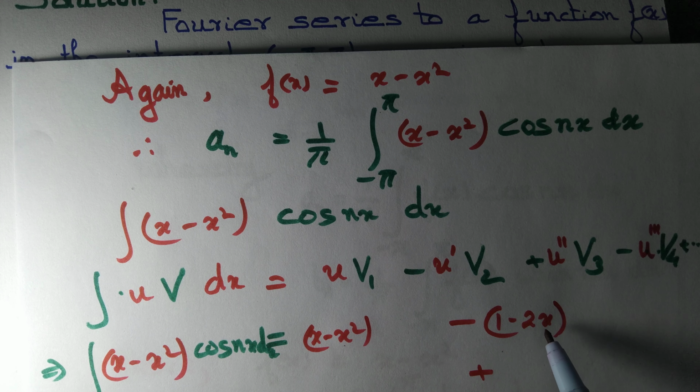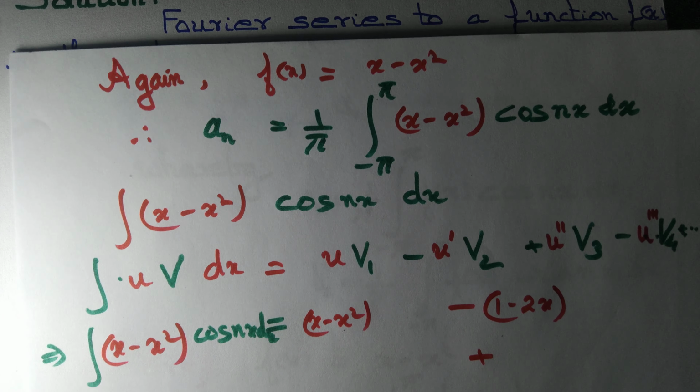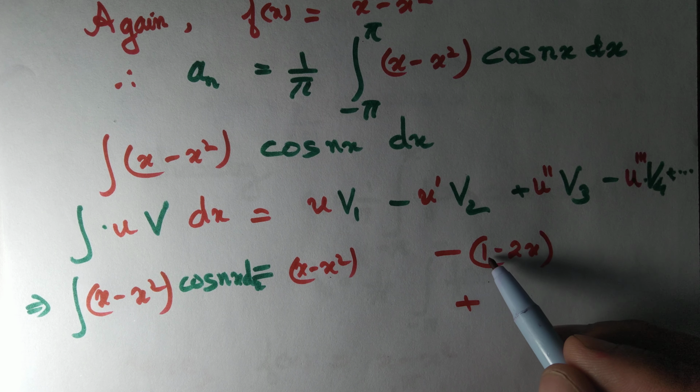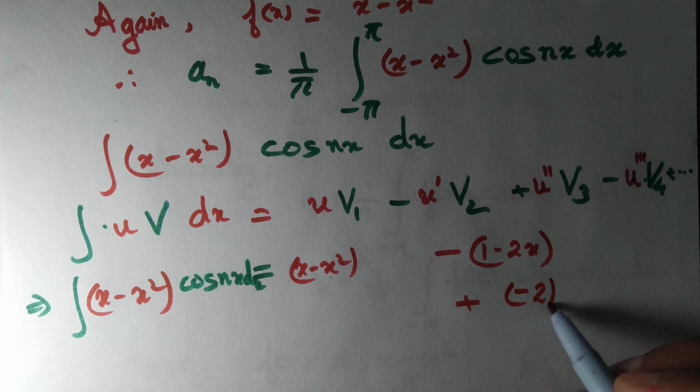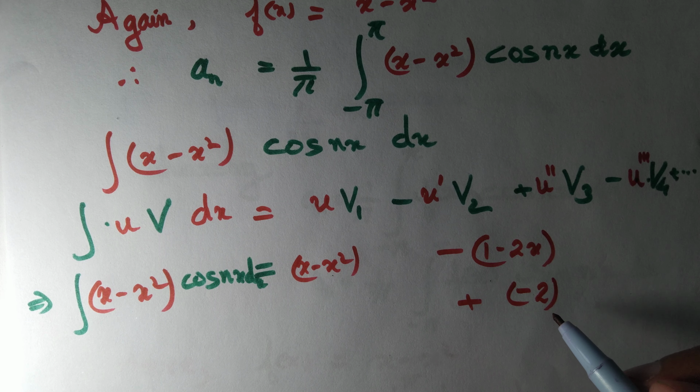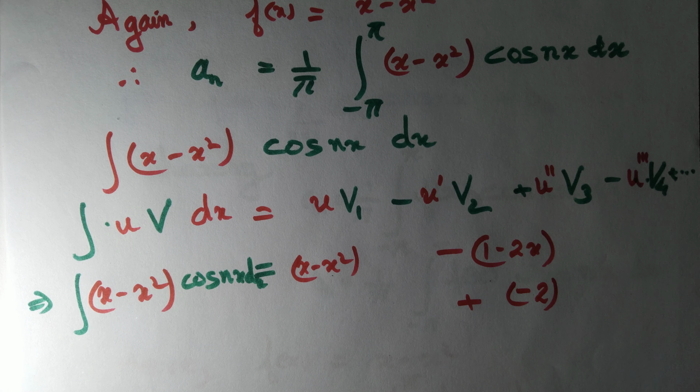If you differentiate x - x² two times, the derivative of 1 is 0, and the derivative of -2x is just -2. The triple derivative we don't have to write, because the derivative of -2 is 0.